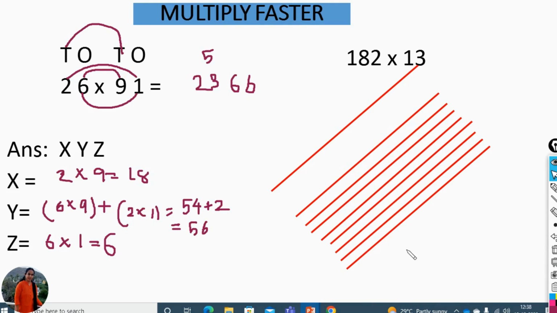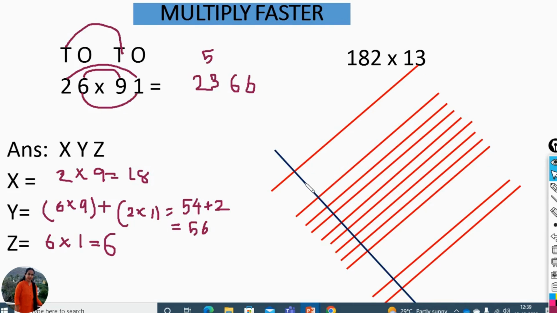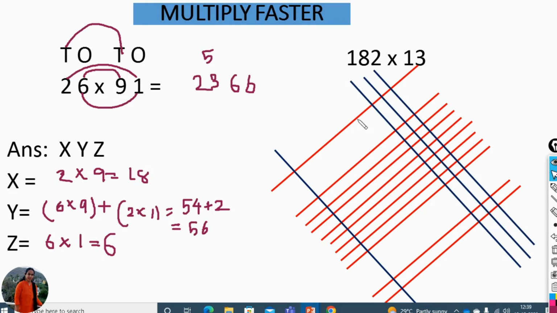For 2, leaving some gap, I draw 2 lines. 1, 2. Next for 13, I draw in this direction. Okay. So for 1, I draw a line here, for 3, leaving some gap, I draw 3 lines. So both the red lines and blue lines intersect at points.